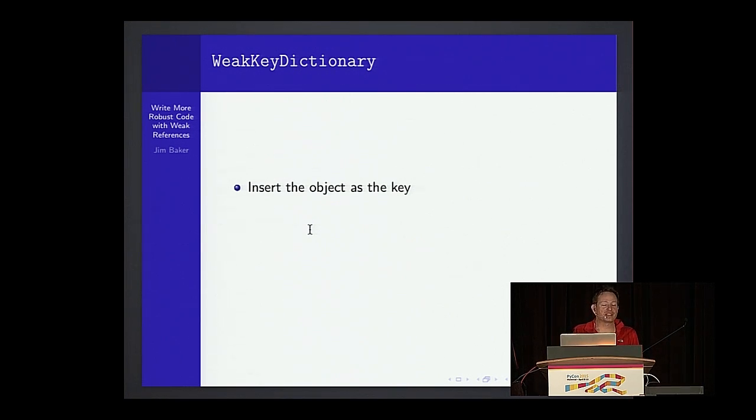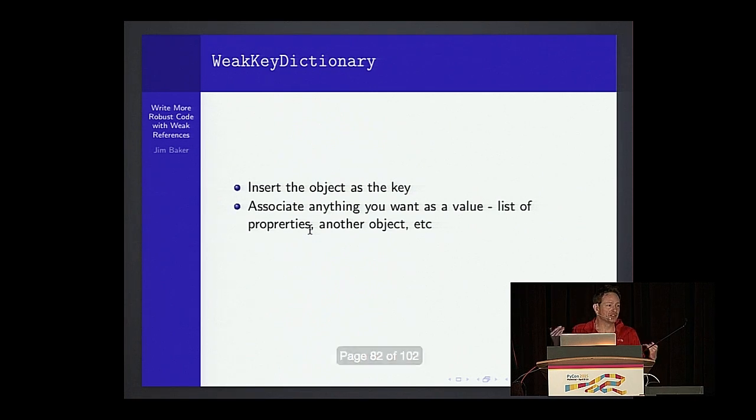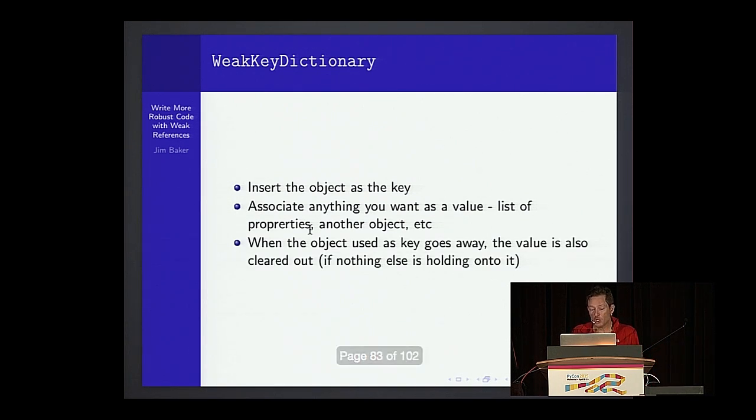We insert the object as the key. We can associate anything we want as the value, a list of properties, some other object, and so forth. When the object is removed, it goes away because it's no longer in use somewhere else. Nothing else is holding a strong reference to it. Now, the cleanup of that dictionary will occur.